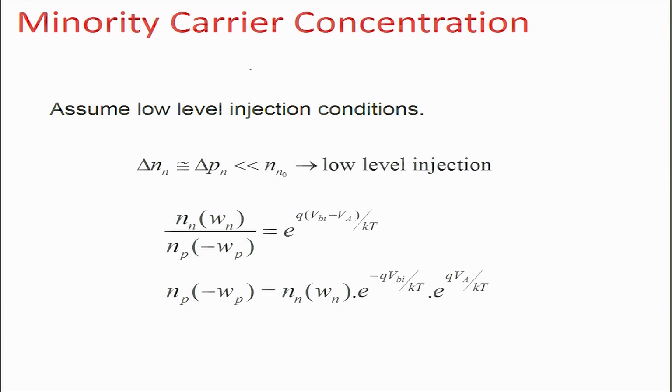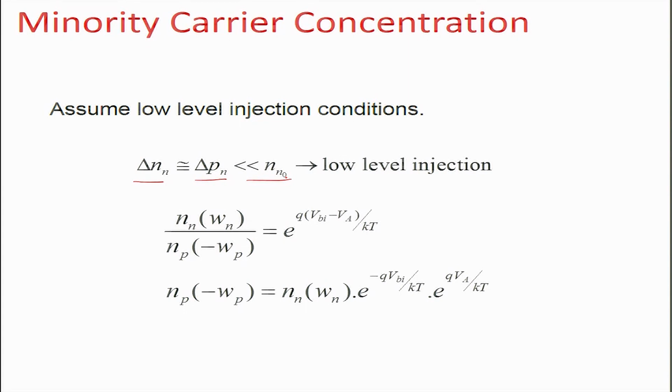So if you want to talk about the minority carrier concentration, assuming that we have low level injection conditions, we are saying that delta Nn is equal to delta Pn, and this delta Pn is much smaller than Nn naught, okay.